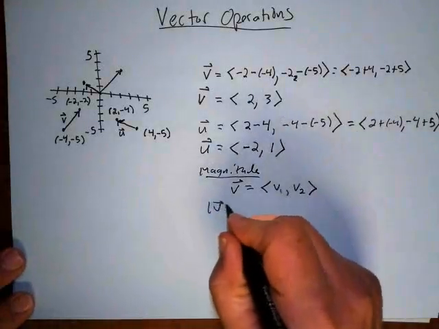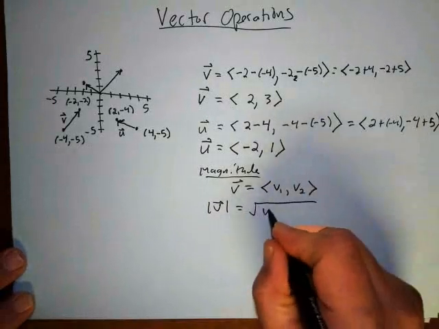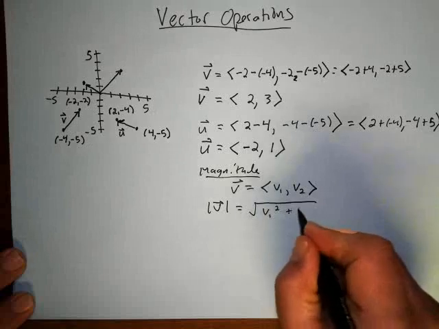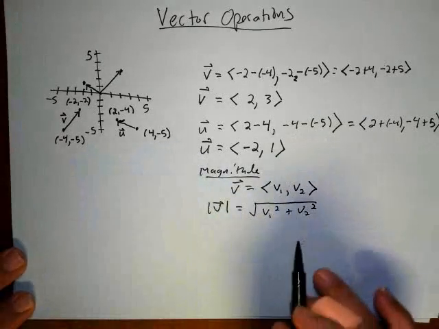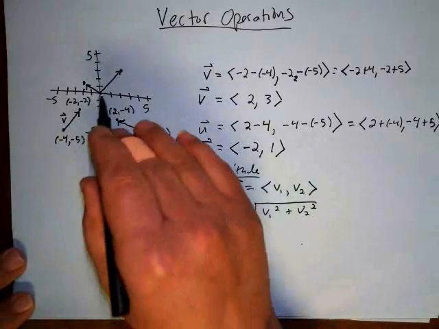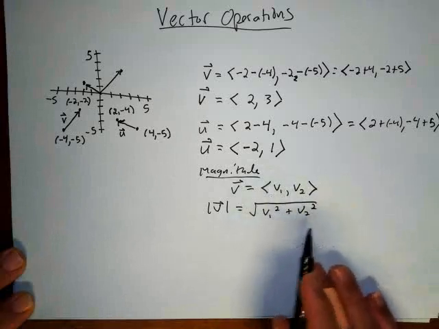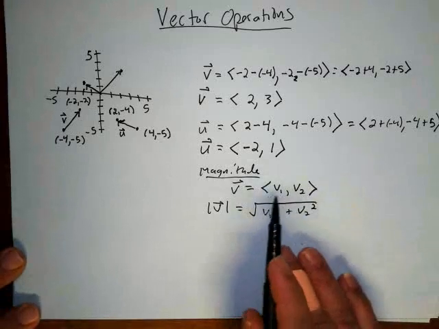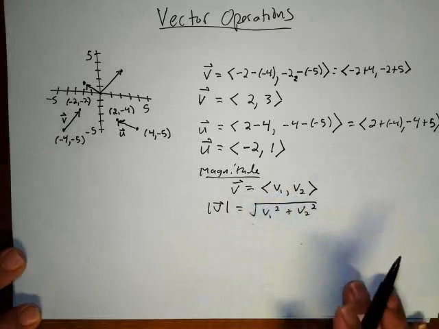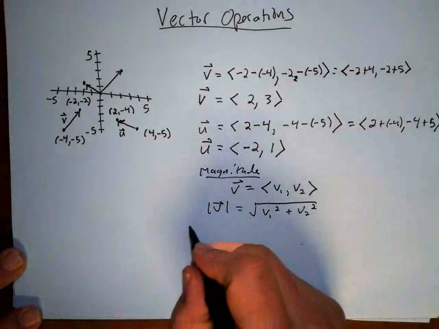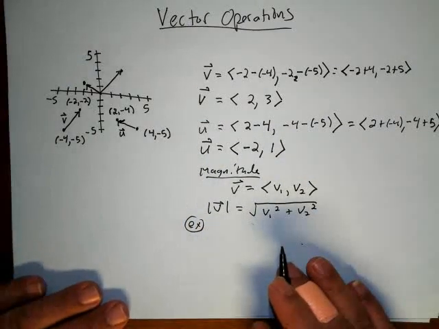Then the magnitude of v is equal to the square root of v1 squared plus v2 squared. Again, this is using the distance formula, but now the initial points are 0, so v1 minus 0, v2 minus 0 reduces down to this. If it's in component form, you just square each term, add them, and take the square root, and then you get the magnitude.